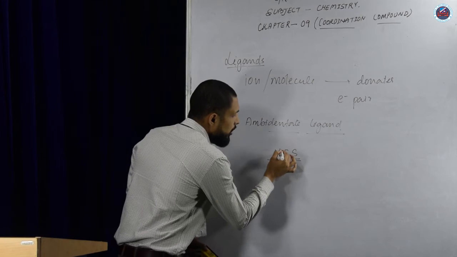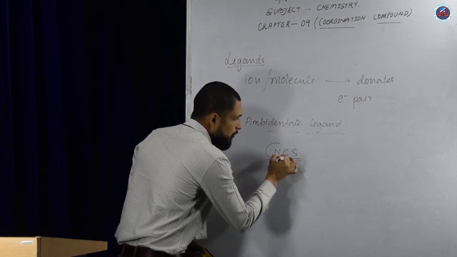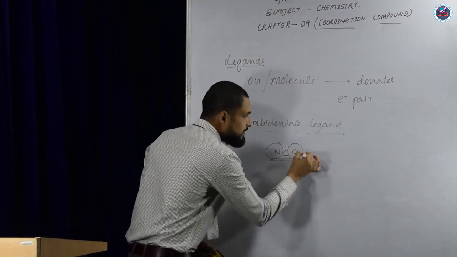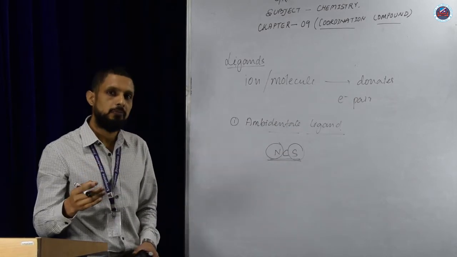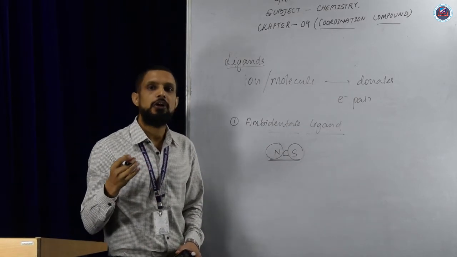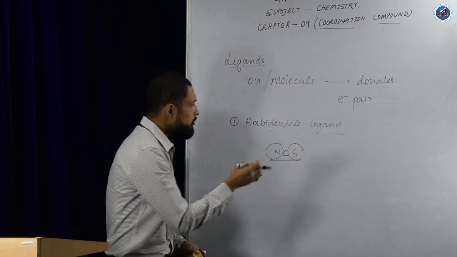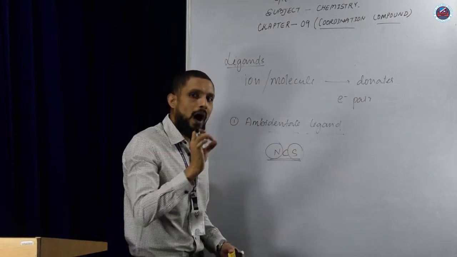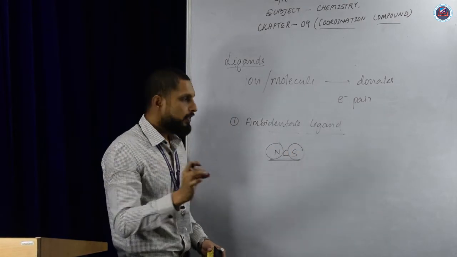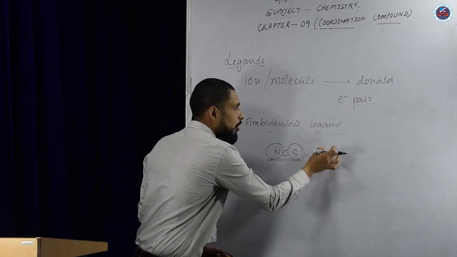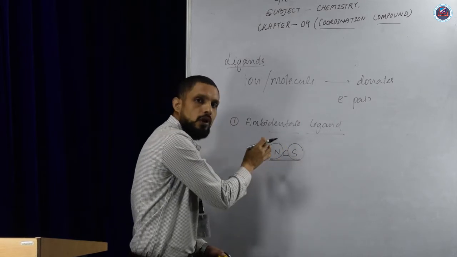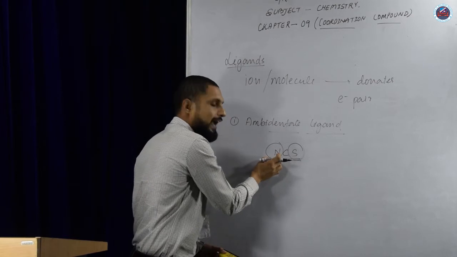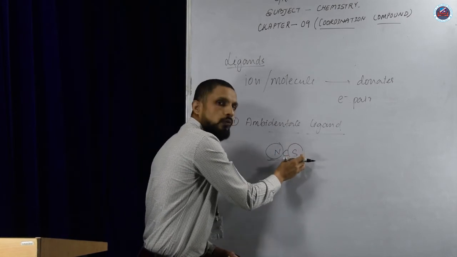Here, both nitrogen and sulfur are capable of donating a pair of electrons, but only one will donate at a time. That means if sulfur acts as donor atom, nitrogen will not. And if nitrogen acts as donor atom, sulfur will not.